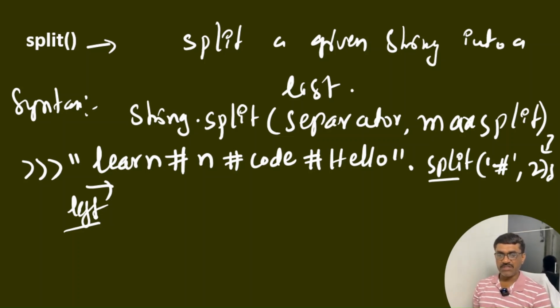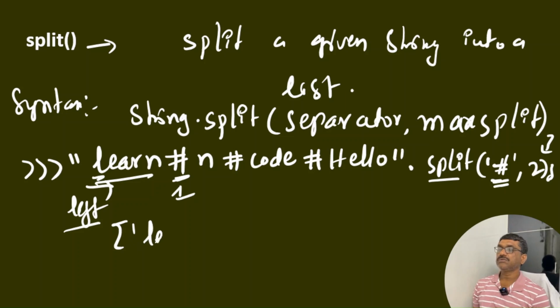But there is no lsplit. Please remember this. Now, whenever we enter here, it is going to compare hash as the separator with the first character L. Okay, it is not hash. Next, LEARN. Here we have encountered hash. Whenever we encounter the first hash, this indicates learn as the first item.